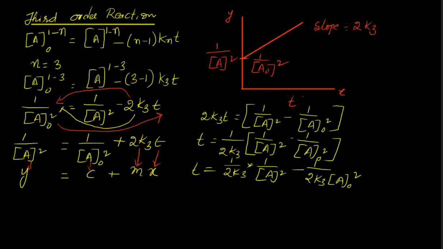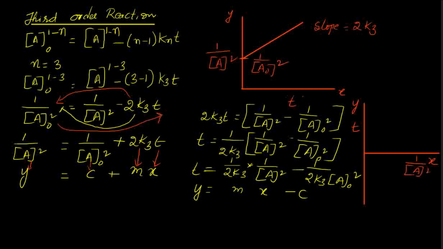So this relation is y equals to, this is the m and this is the x and this is the minus c. So in the form of y equals to mx minus c, this is the y-axis and this is the x-axis. On y-axis time t, on x-axis 1 by a power 2. So here that is the negative intercept.